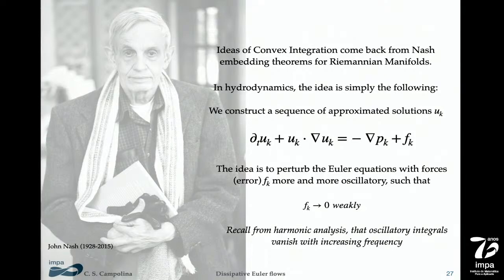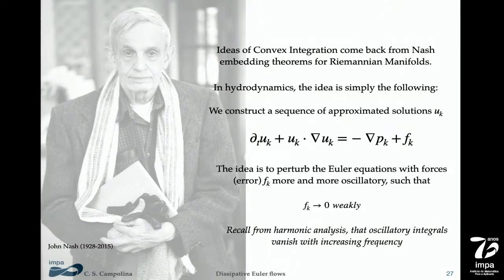And the idea is the following. We construct a sequence of approximate solutions, u_k, satisfying the Euler equations, but they are approximate, so they are actually satisfying the Euler equations with an error, let's say an error f_k. And the idea is to perturb these Euler equations with those errors, which we can interpret as forces.